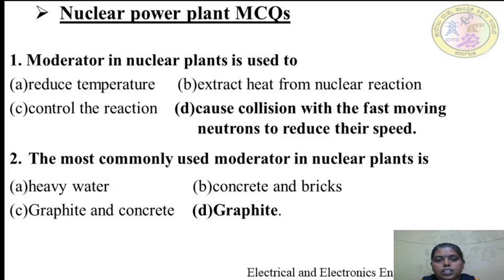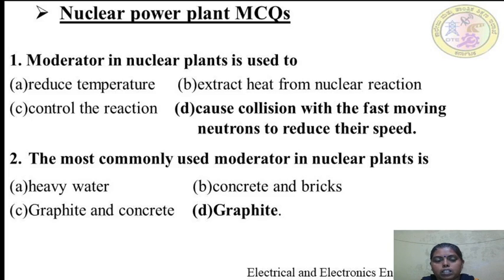The answer is D. To reduce the speed of the neutrons, a moderator is used.